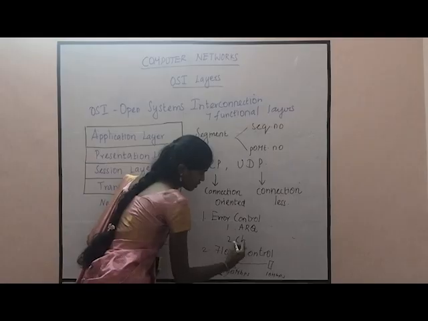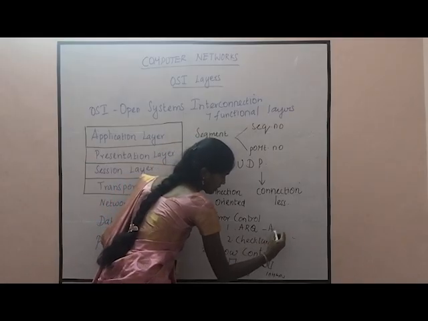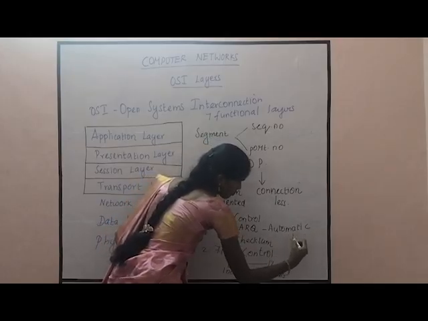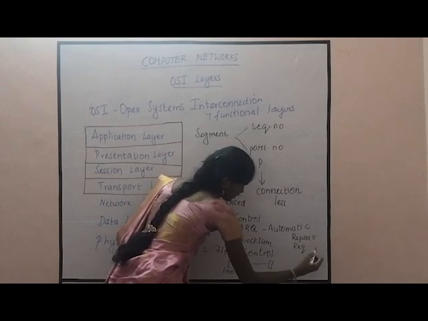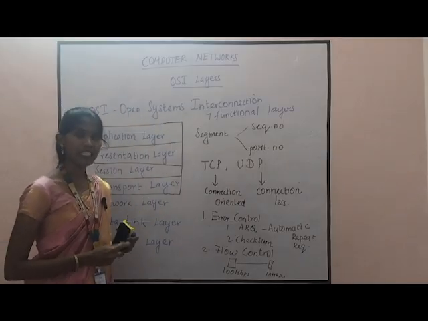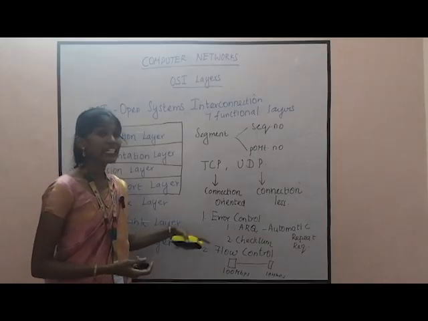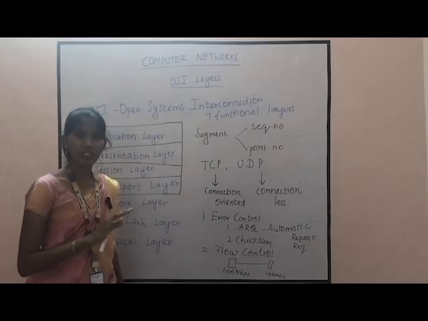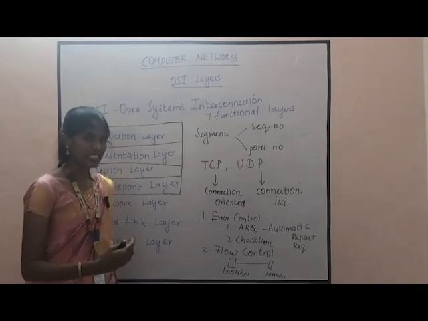The next one is checksum. Automatic repeat request. Repeat means the sending is repeated. So when the receiver finds that the segment numbers from 0 to 10 are all received except 9, that means 9 is lost.